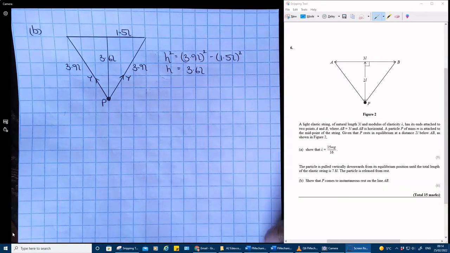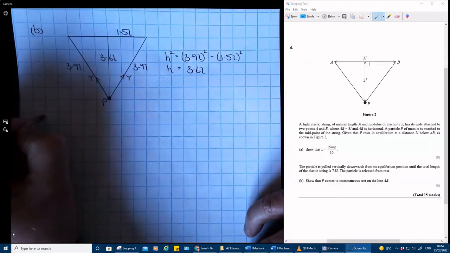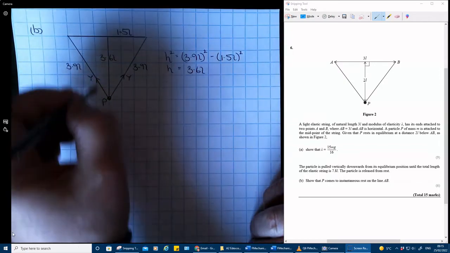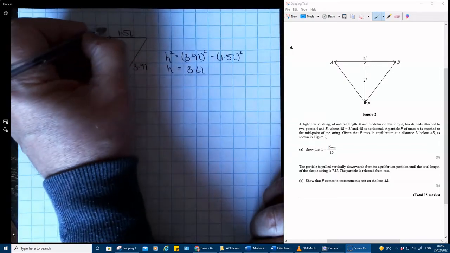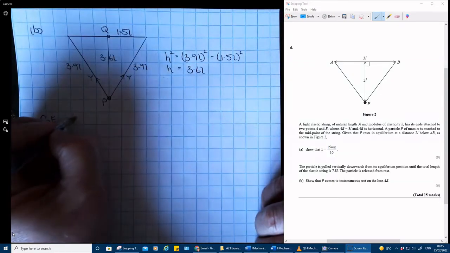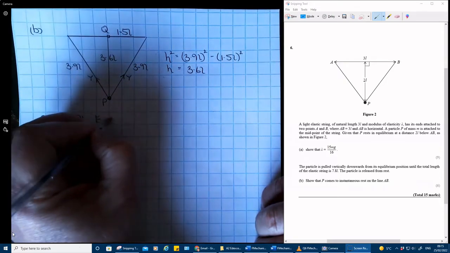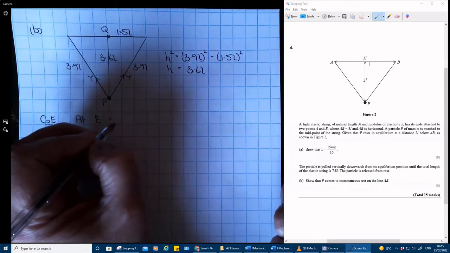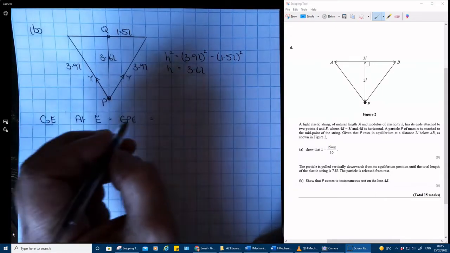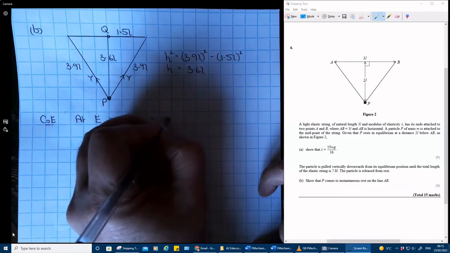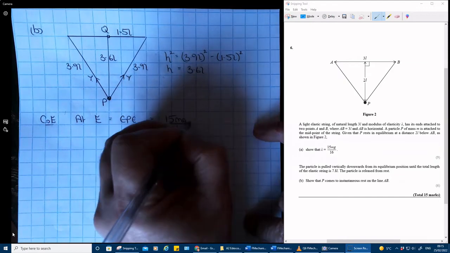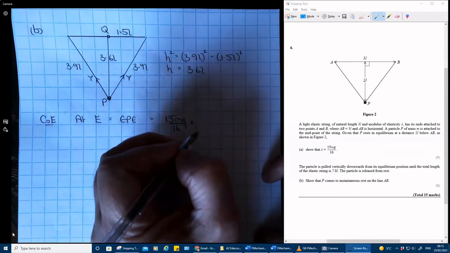Okay, now I'm going to do conservation of energy. We've got P, and I'll call this Q for argument's sake. So at P, the only energy we've got is elastic potential energy, and that equals lambda, which already shown as 15 mg over 16, times X squared, the extension.